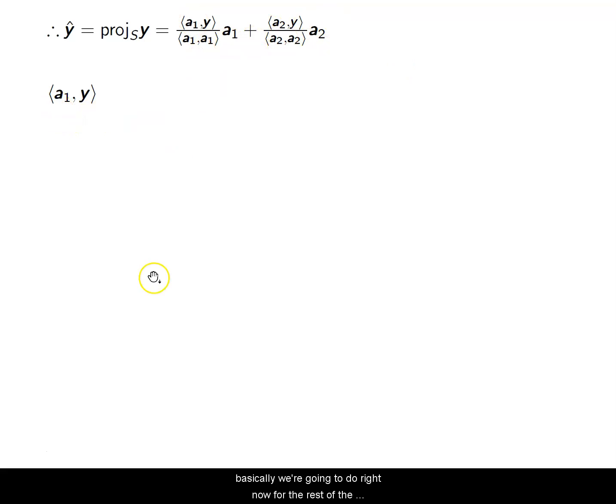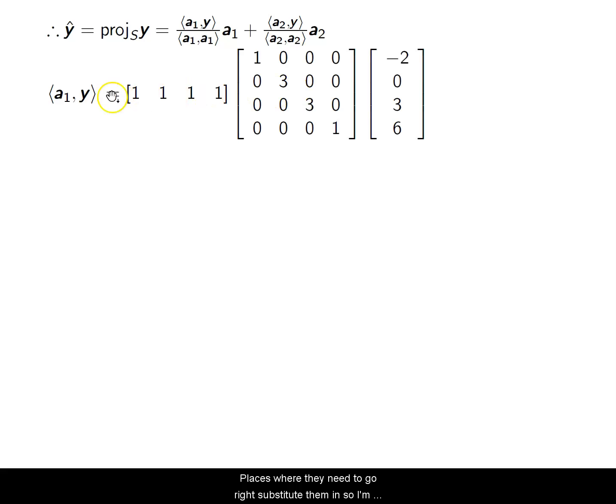That's basically what we're going to do for the rest of the slide: find these things with respect to the weighted inner product, so that we can substitute them into the places where they need to go. Here, the inner product of A1 with y with that weighted inner product. The other way to do this would just be 1 times 1 times -2, plus 1 times 3 times 0, plus 1 times 3 times 3, plus 1 times 1 times 6.